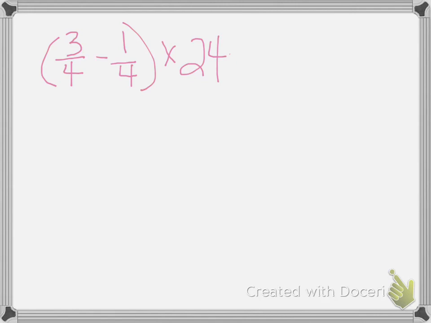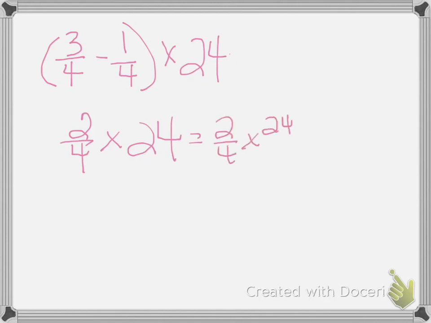So you would start off and you would do the parentheses. 3/4 minus 1/4 equals 2/4, right? And so you can then take it and you say 2/4 times 24, and that is the same as 2/4 times 24 over 1, and I break it down. 2 times 24 over 4 times 1, remember that?